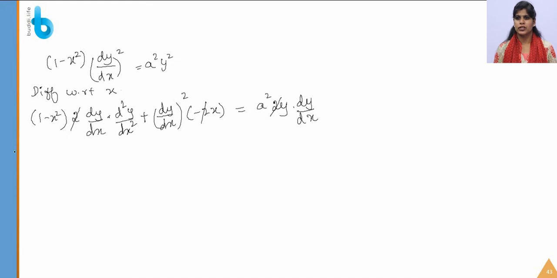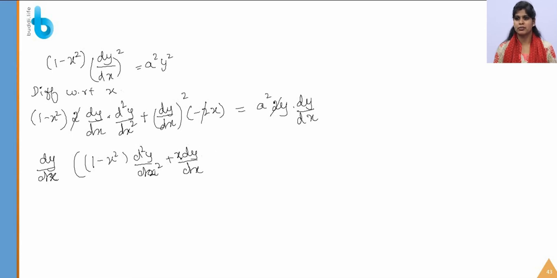Okay, now what else can I take out common? I can take dy by dx common. Okay, if I take dy by dx, what will be remaining? 1 minus x square into d square y by dx square plus dy by dx into x.